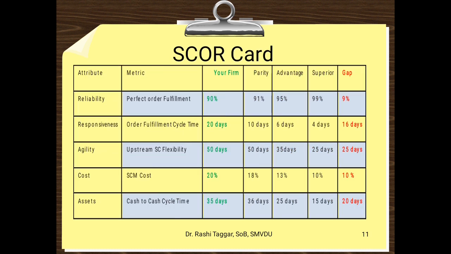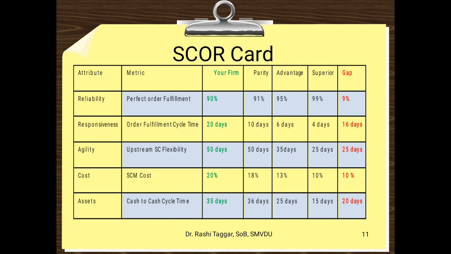The gathered data according to the scorecard is submitted to SCOR Mark, which compares and determines the gap between the actual performance and desired performance. As we can see in this table, the performance is measured or identified as percentage and number of days.